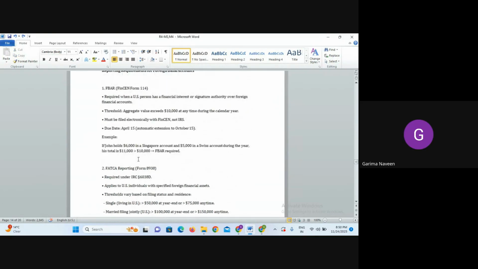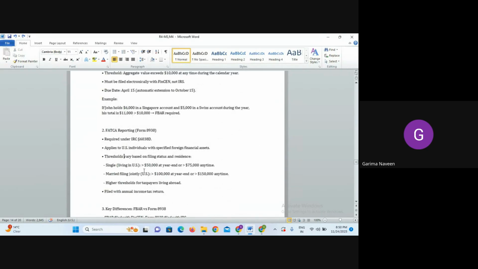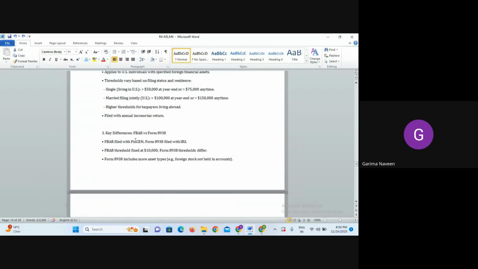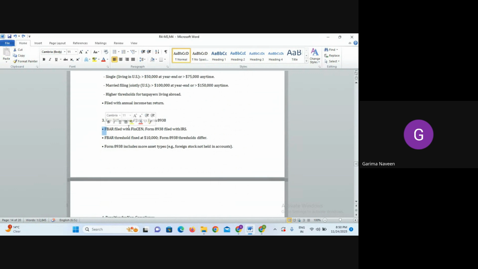If we compare both, the foreign bank account reporting and Form 8938, which is FATCA reporting, the Foreign Account Tax Compliance Act reporting: FBAR is filed with FinCEN, while Form 8938 is filed with the IRS.